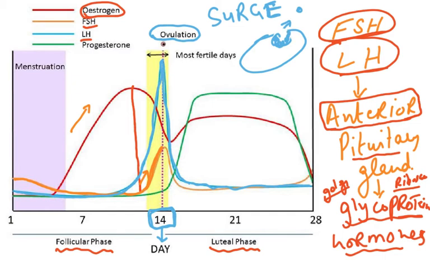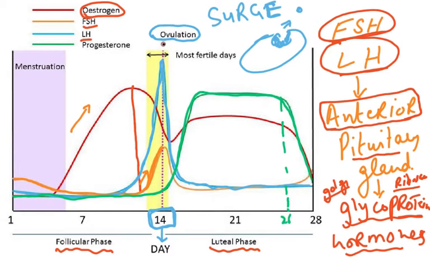The corpus luteum starts to produce the hormone progesterone. You can see the progesterone graph is zero until day 14, when it suddenly starts to increase. The progesterone graph increases after day 14 and then remains high, and then around about day 26 it starts to fall.